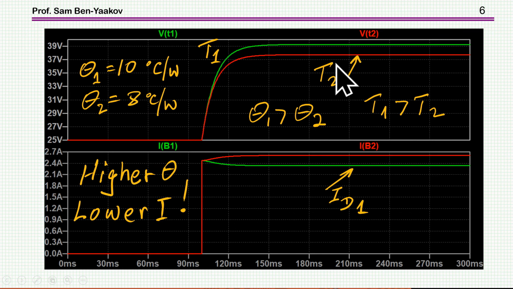And what we see here is the temperature difference. And here there is a current difference between the two. Notice that the diode with the higher thermal resistance has a higher temperature, as you'd expect, but a lower current. It's kind of reversed. We'll talk about it a little bit later.